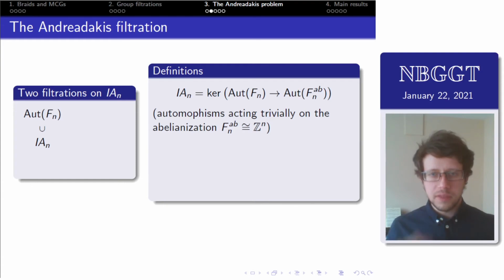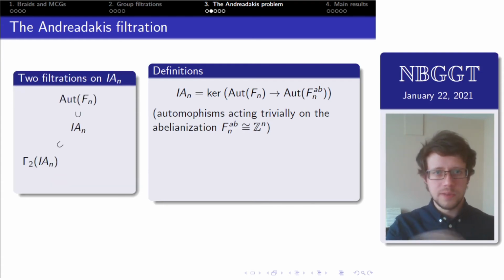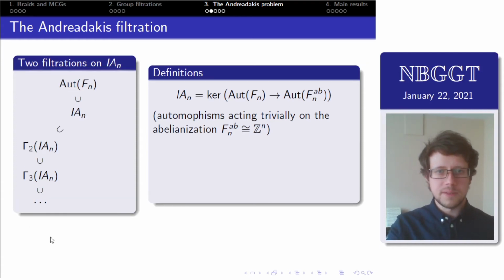And so on this subgroup, we have two filtrations. The first one on the left is the lower central series of this group. And the second one is the Andreadakis filtration.